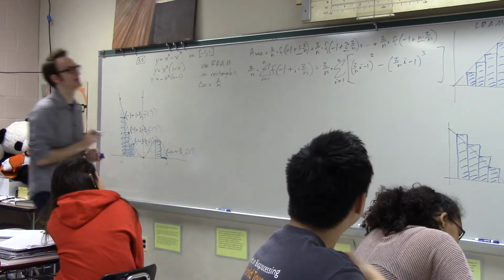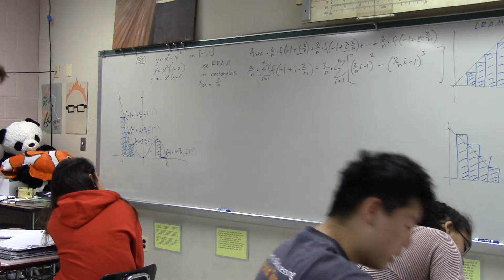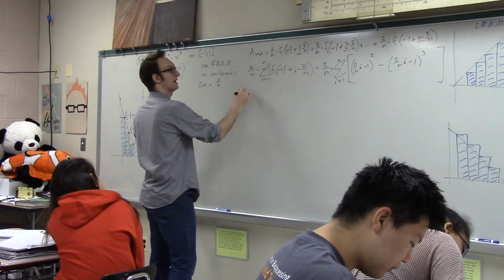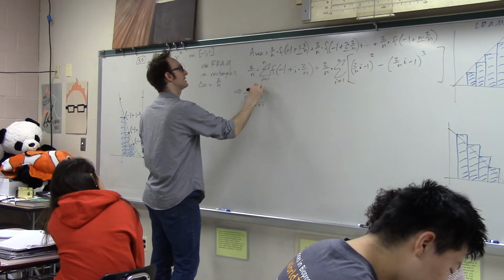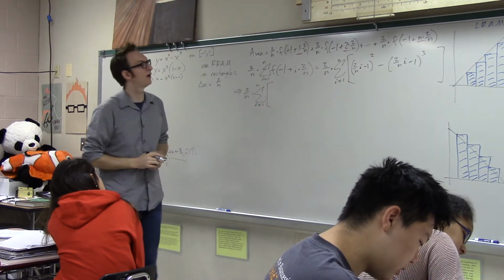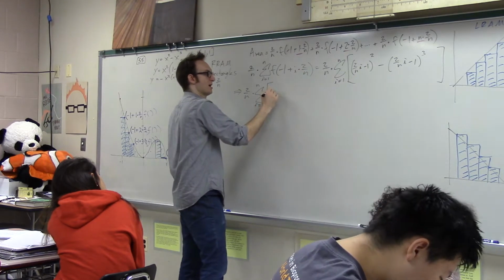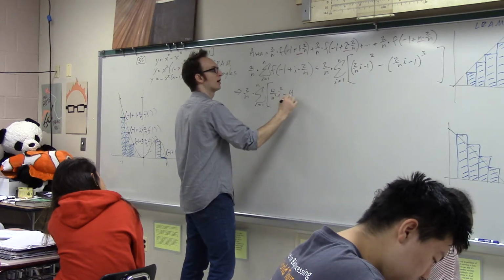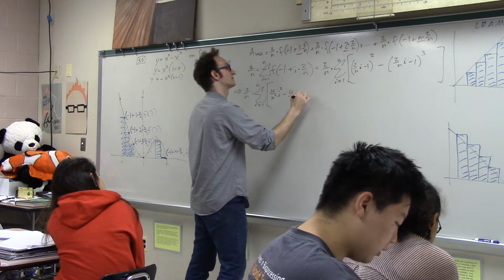And in my opinion, you should try to simplify as much as you possibly can inside the brackets, combine all like terms, and then get the answer. So let's keep going. So I have 2 over n on the outside times the sum from i equals 1 to n of, and now, well, I guess this one I can just do because I know algebra 1. It's going to be 4 over n squared i squared minus 4 over n i plus 1.